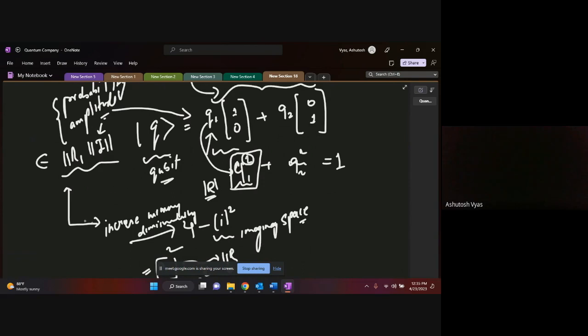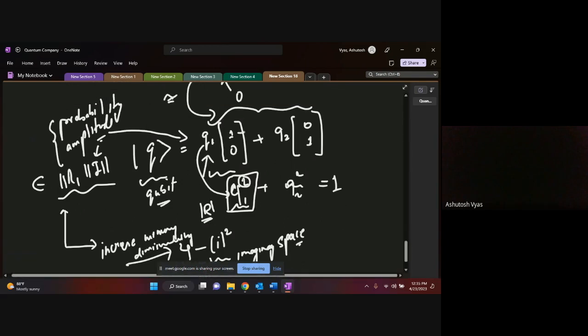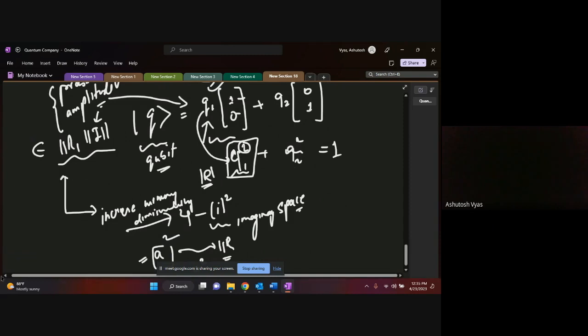Okay. So for one qubit, if you see here, how many dimensions are there? 1 and 2, right? There are 2 dimensions. The third dimension is the imaginary dimension which you are bringing inside it, right? This is your third dimension.